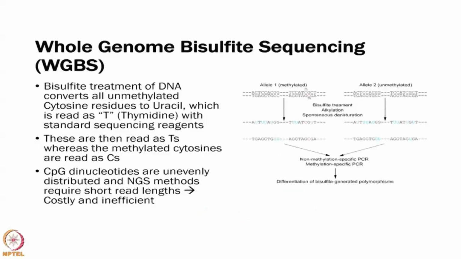Besides the methylation chip, there's also whole genome bisulfite sequencing, or WGBS, where you bisulfite treat your DNA, and it converts all of the unmethylated cytosines to uracil, which are then read as T when you sequence it.